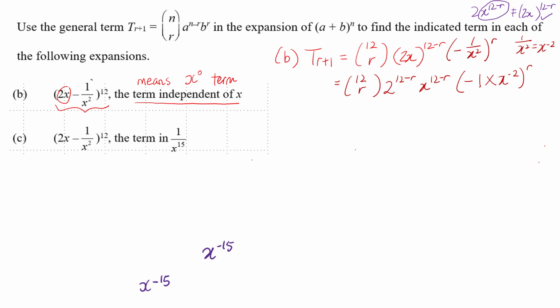Why do I do that? I'll show it to you in the next step. That will give me bracket negative 1 to the power r times bracket x to the power of negative 2r. If you do not wish to do that, it's all right, you can leave it as 1 over x to the power 2r. But in the end, you still have to express it as a negative index, so you may as well change it to a negative index here.